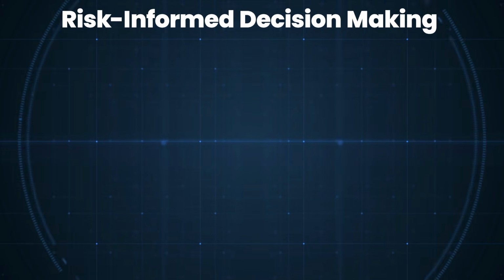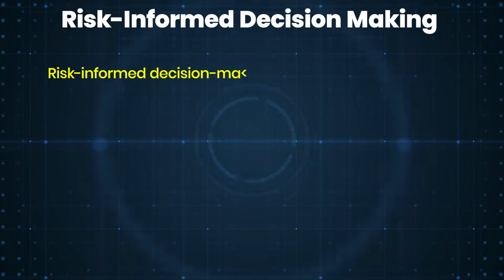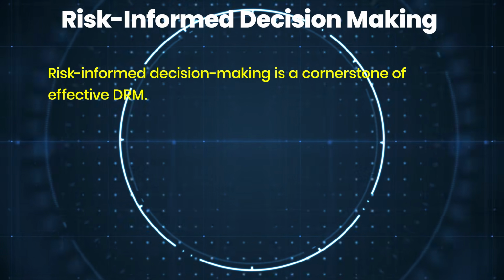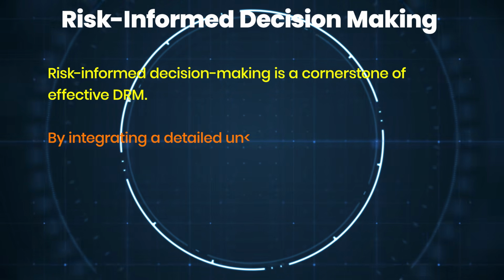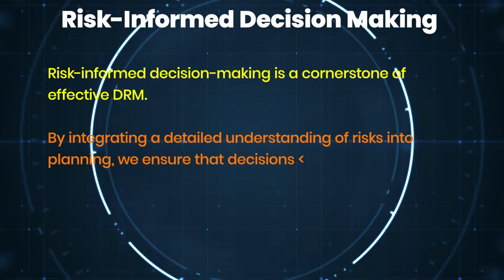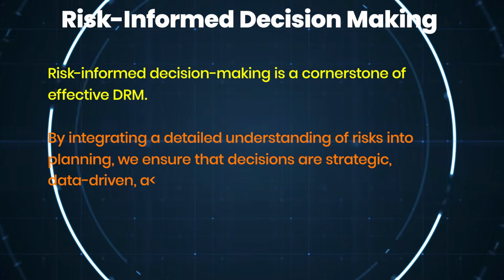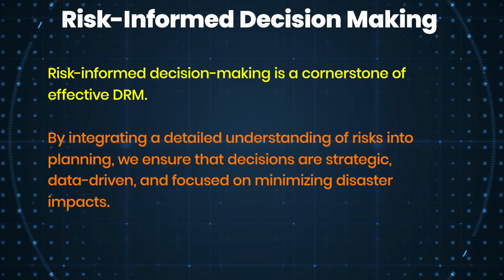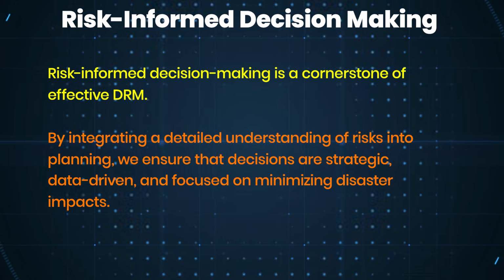Now we are moving to risk informed decision making. In fact, risk informed decision making is a cornerstone of effective DRM. By integrating a detailed understanding of risk into planning, we ensure that decisions are strategic, data driven and focused on minimizing disaster impacts.